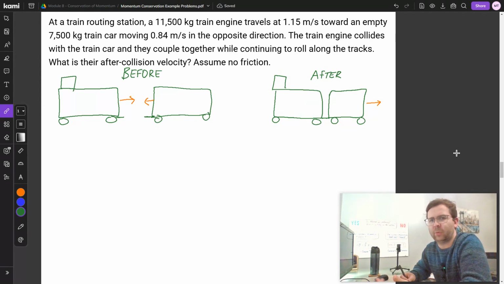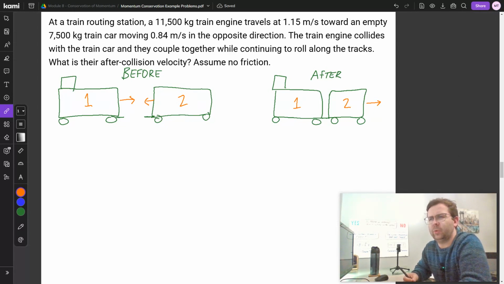It doesn't matter which one you choose because at the end you'll still get the same answer. It might just be negative versus positive, and you'll just have to explain what the negative or positive sign means. To make things simpler, I'm going to label this one 1 and this one 2.